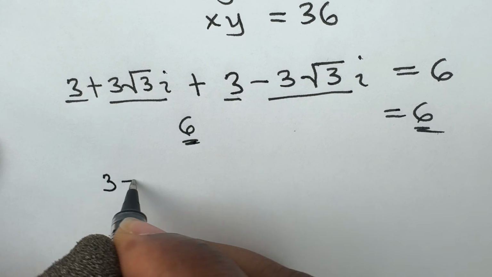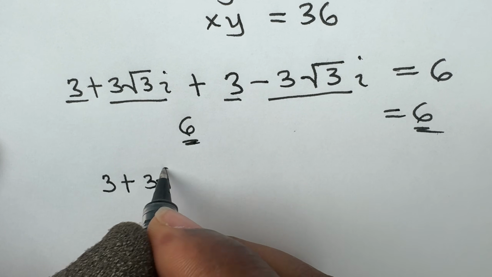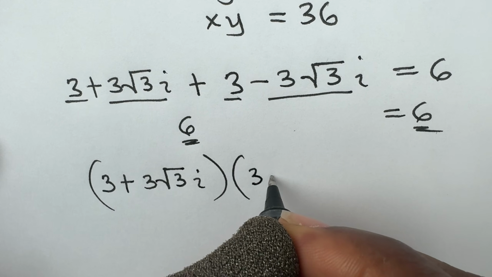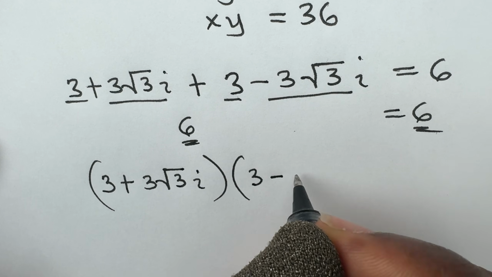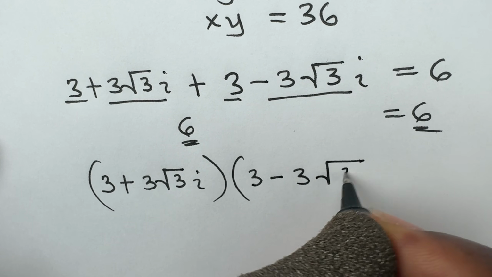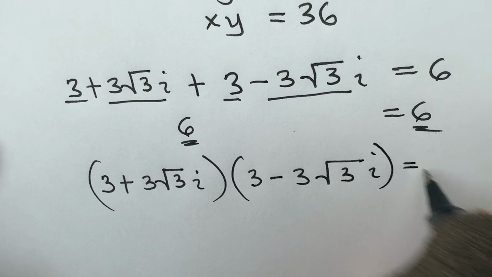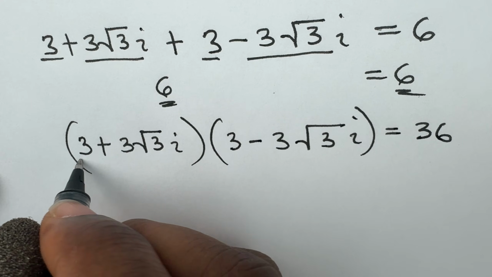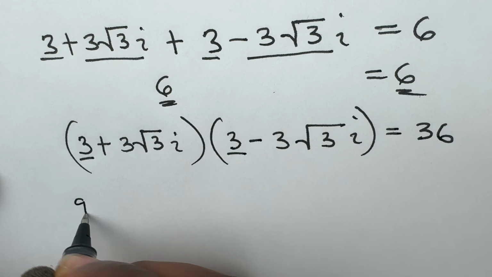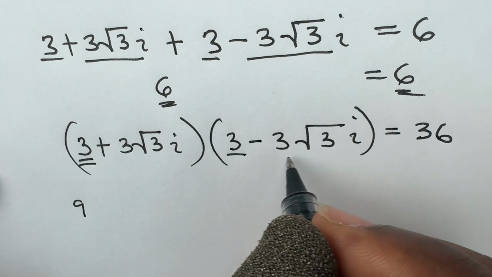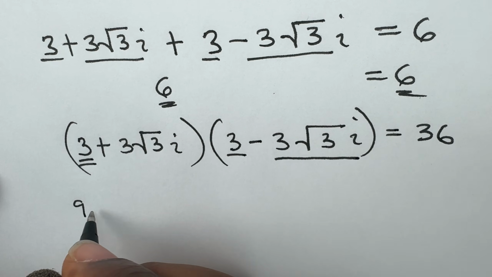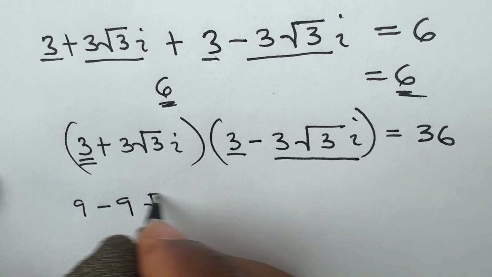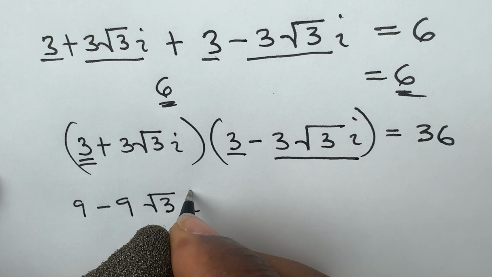Now let's go ahead and do the same thing for the product. We have 3 plus 3 root 3i times 3 minus 3 root 3i, to give us 36. So we open up the bracket. 3 times 3 here is 9. 3 times negative 3 root 3i here will give us minus 9 root 3i.